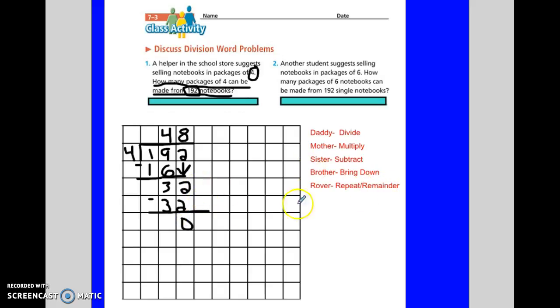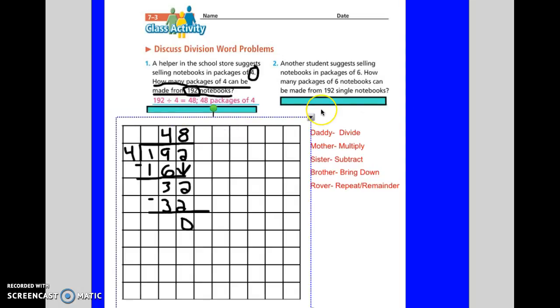So then I get to do remainder. And look, first off, there was nothing to bring down. So then I get to go to remainder, which is 0. So my answer is I could put 48 packages out of the 192. 48 packages of 4. All right.